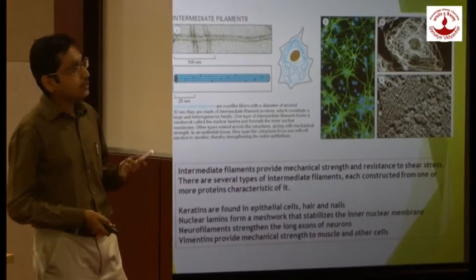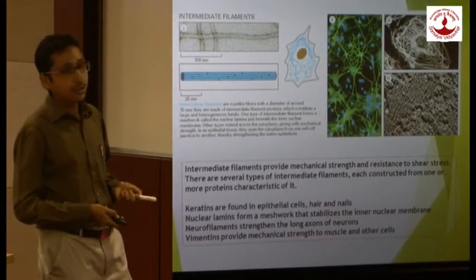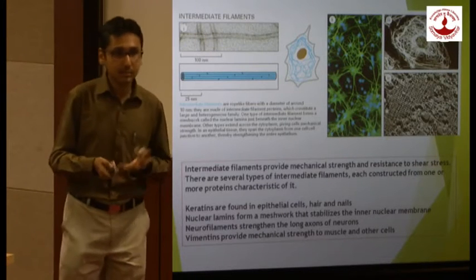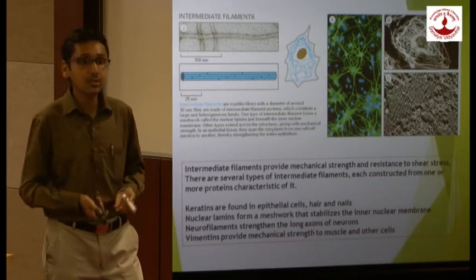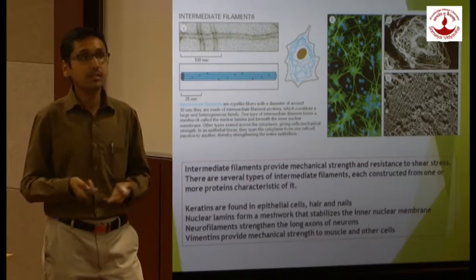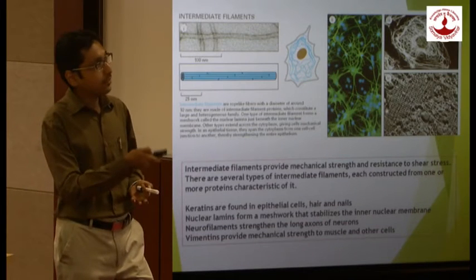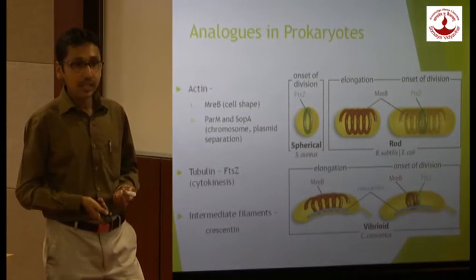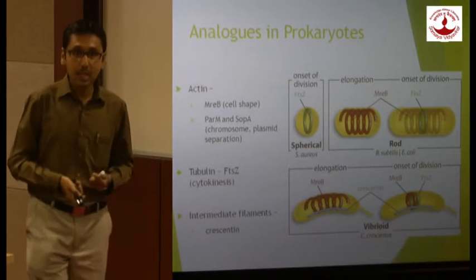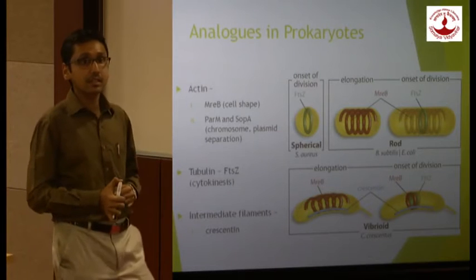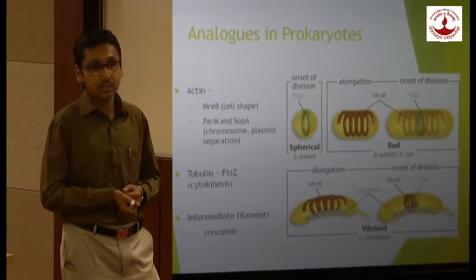At this point we ask ourselves whether the cytoskeleton is a eukaryotic concept, whether they are only found in eukaryotes or they are found in all different types of cells. Whether they are found in prokaryotes, yes, they are found in prokaryotes, but for a long time it was assumed that they do not exist in prokaryotes.